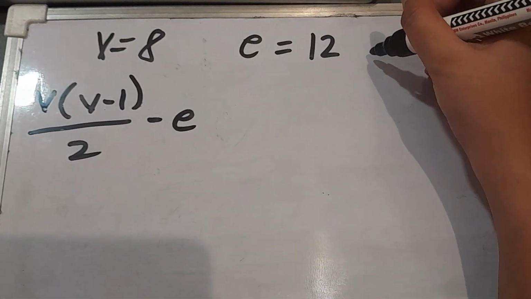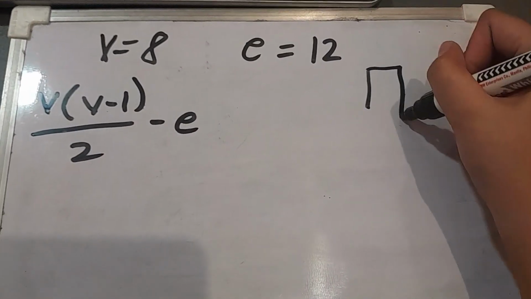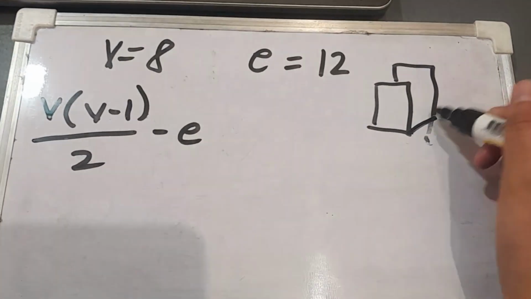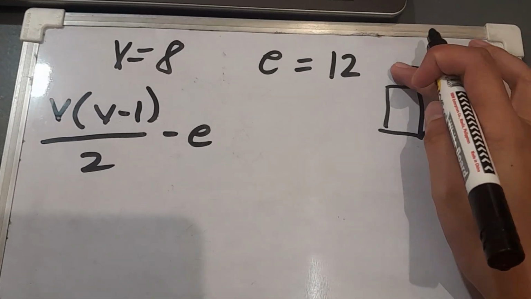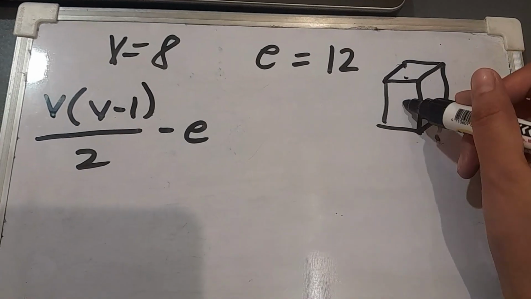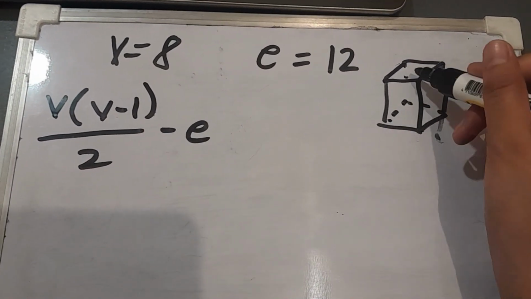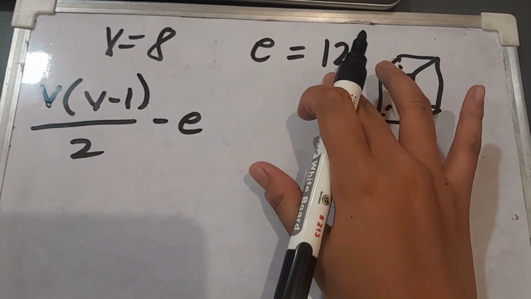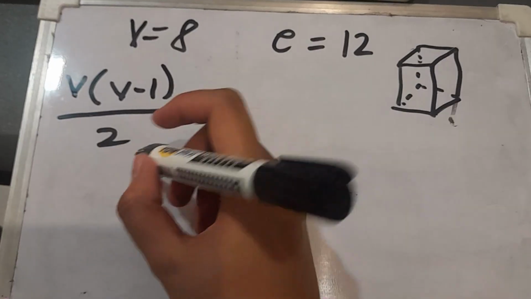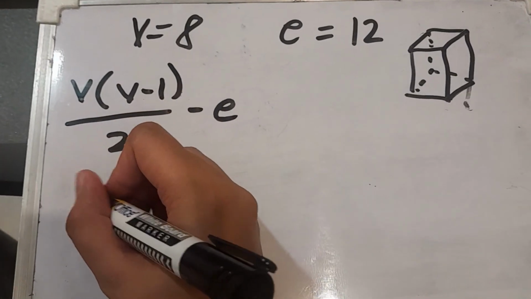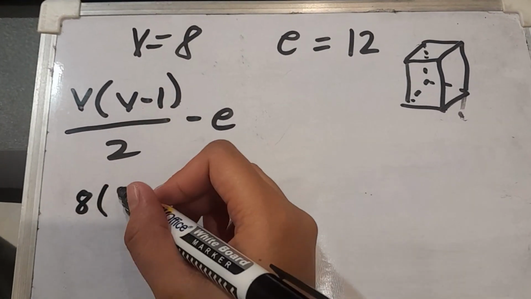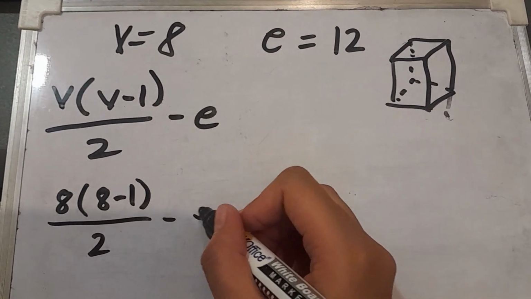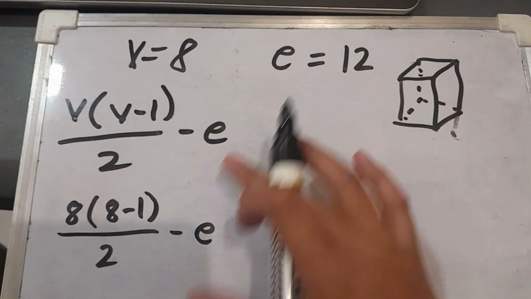This is a cube that has 8 vertices and 12 edges. So V is 8, times 8 minus 1, over 2, minus E, which is 12.